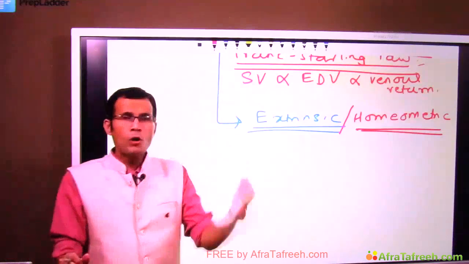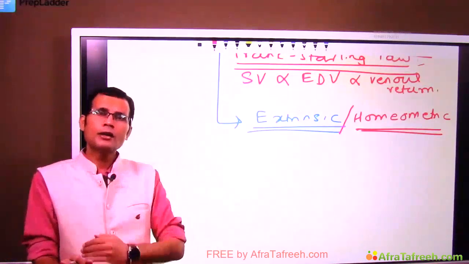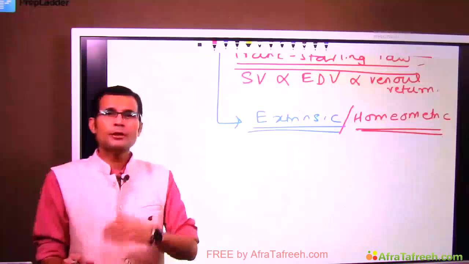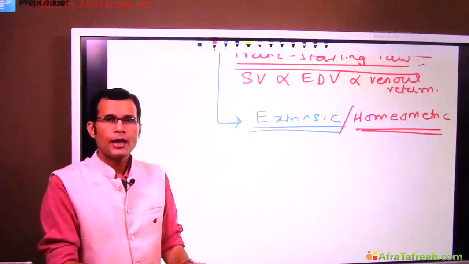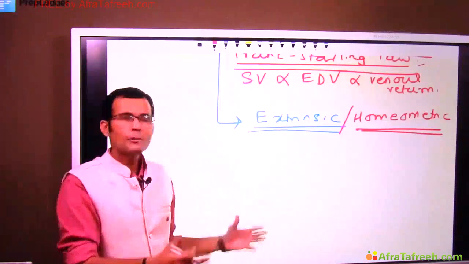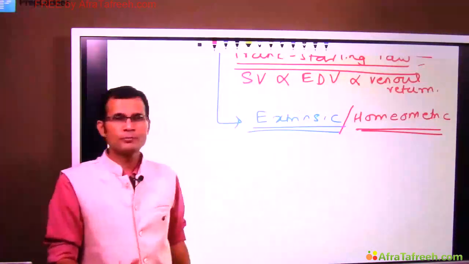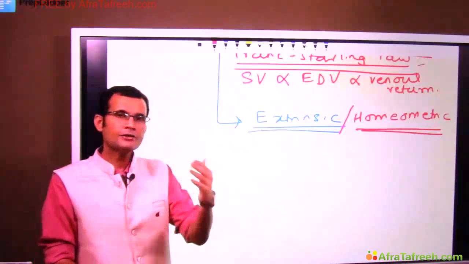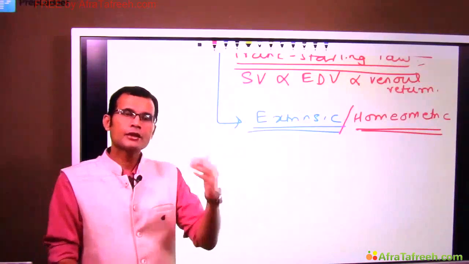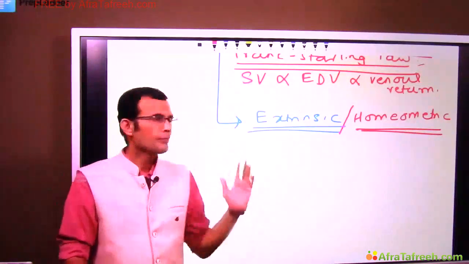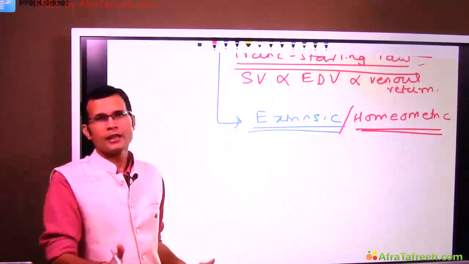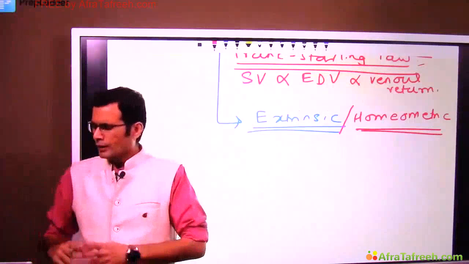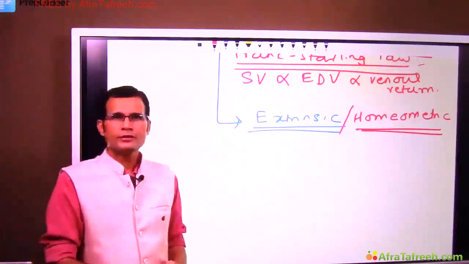Look, more the amount of blood returning to the heart, more will be the amount of blood filled into the heart during diastole, and therefore greater will be the end diastolic volume, and then in the next systole that much greater amount of blood will be pumped out. Okay, so that's the fallout of the Frank-Starling law, and it's very easy to understand.